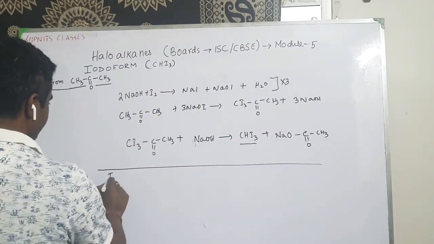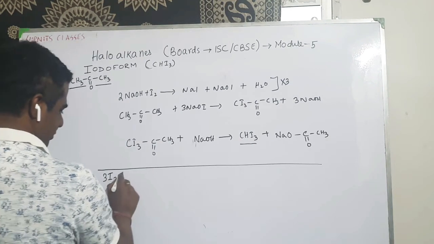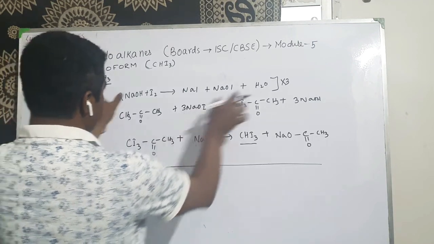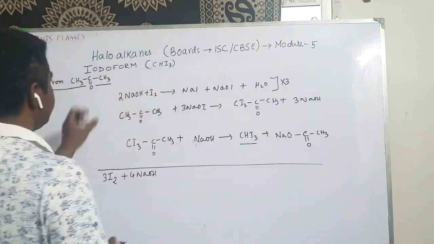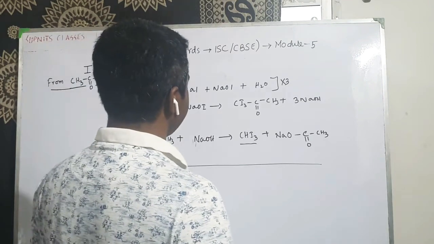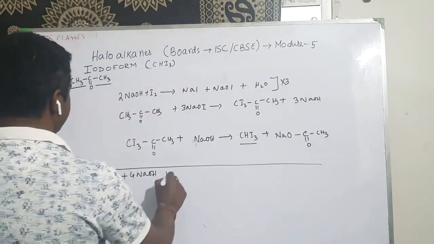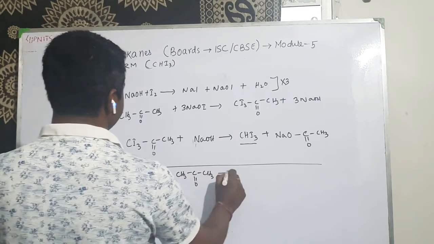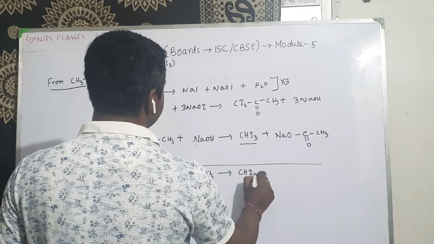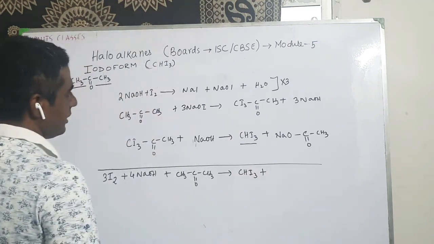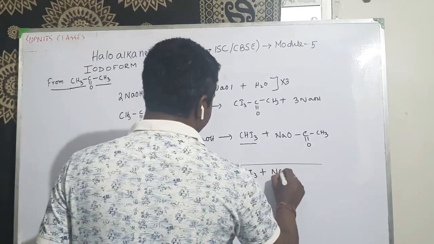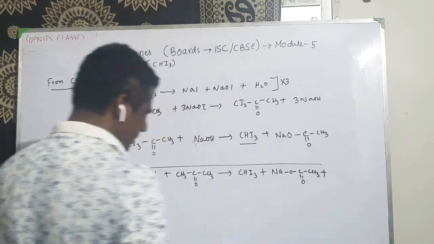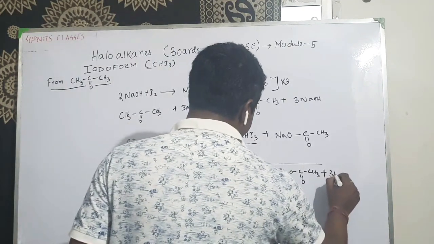So here 3I2 plus 4NaOH, if you see, 6NaOH getting formed over here, and 6 plus 1, 7 minus 3, so 4NaOH plus CH3 C double bond O CH3, that is acetone, and you will get CHI3 plus, obviously sodium acetate will be a product, NaOC double bond O CH3 plus 3NaI, not to forget.